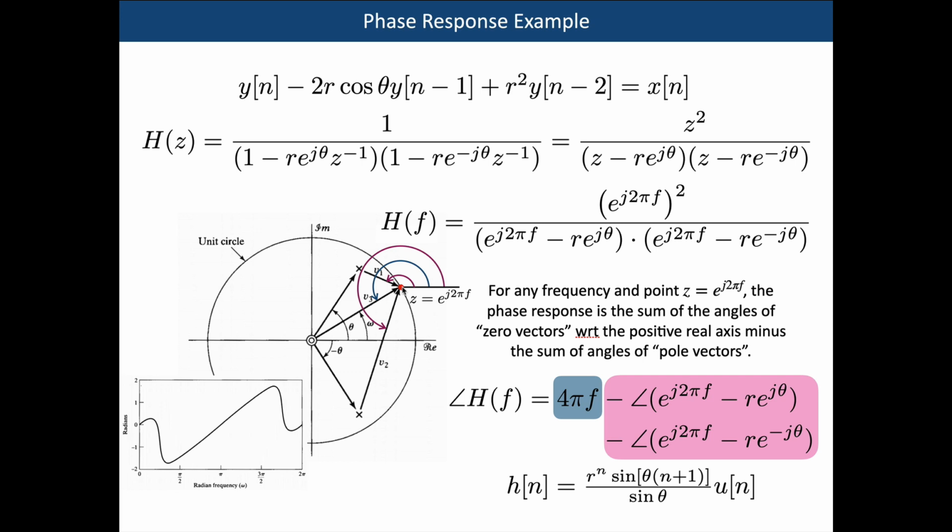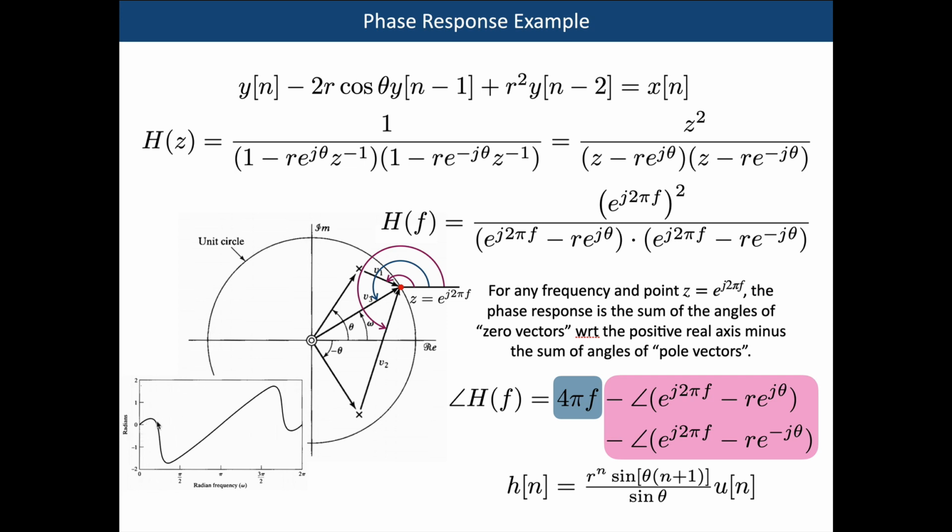And so the phase response is the sum of the angles of the zero vectors minus the sum of the angles of the pole vectors. So we have these angles minus these other angles. And then the phase response is illustrating what happens to the sums and differences of those angles as the point in question moves around the circle.